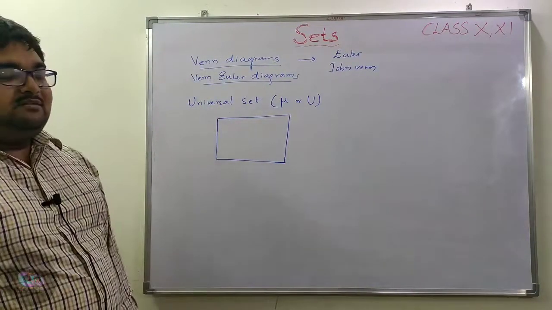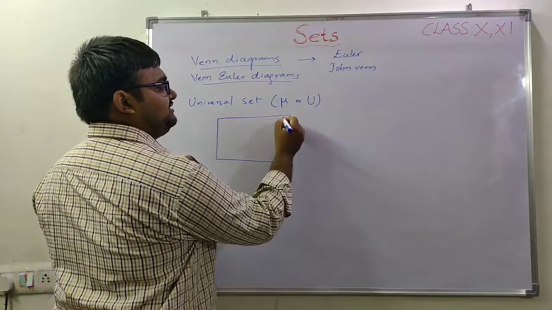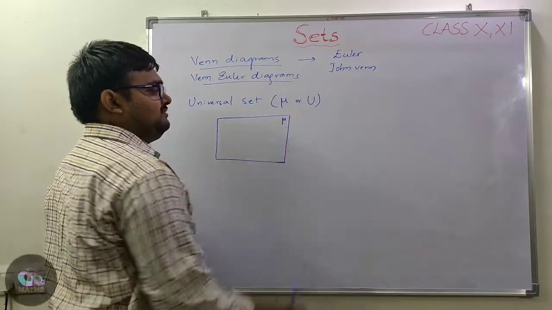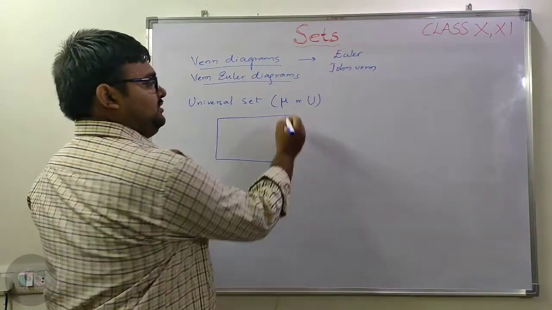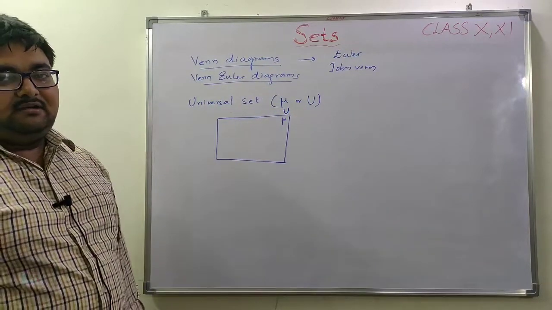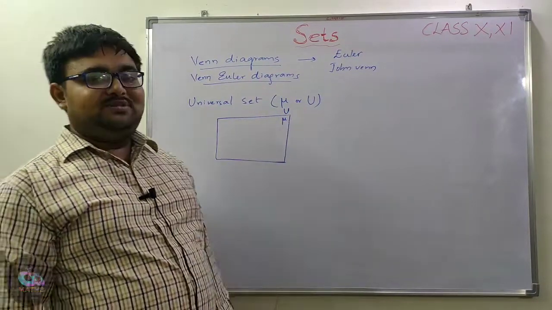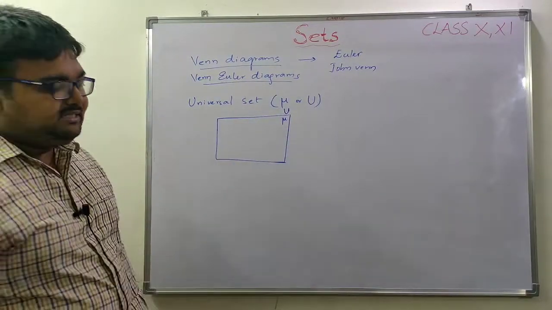We write mu at the top right corner, or sometimes write the universal set outside the rectangular box. These are the representations which say that this is a universal set.